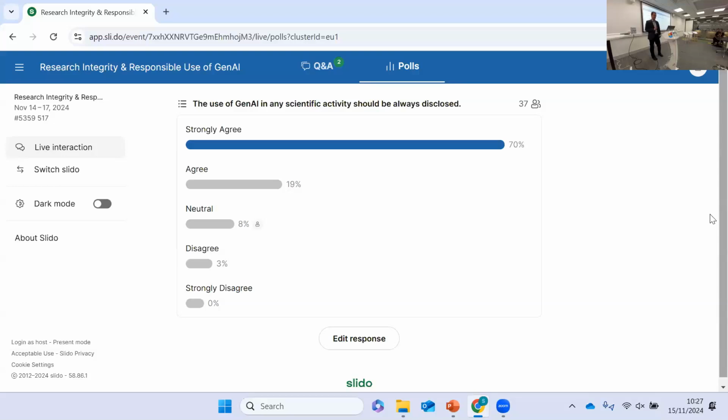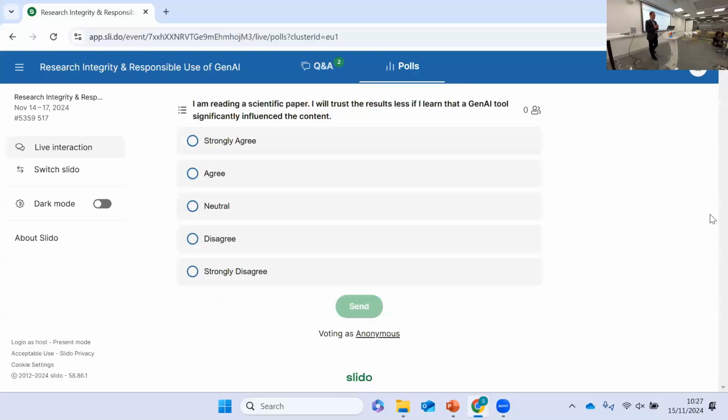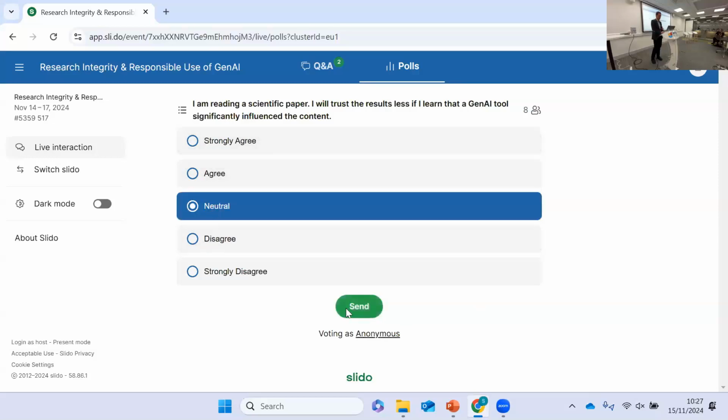Imagine that you are reading a scientific paper, and then you learn that the GenAI tool significantly influenced the content. Will you trust the results less? Neutral again.